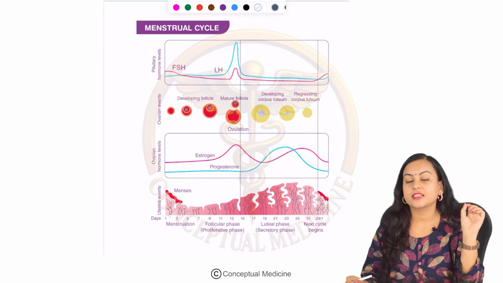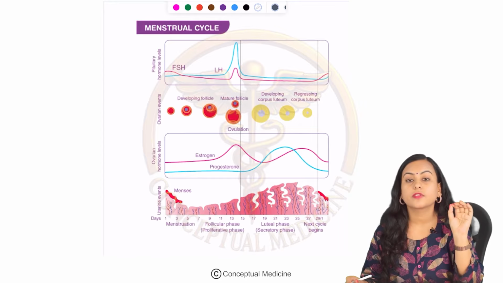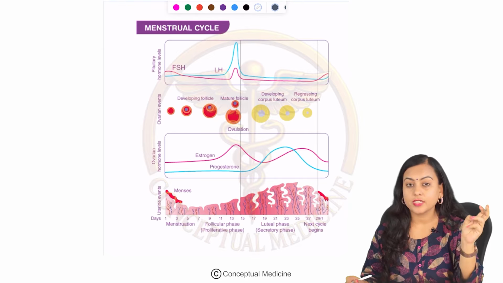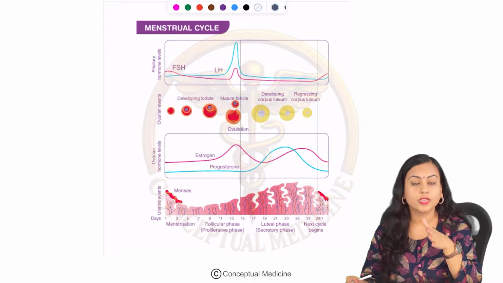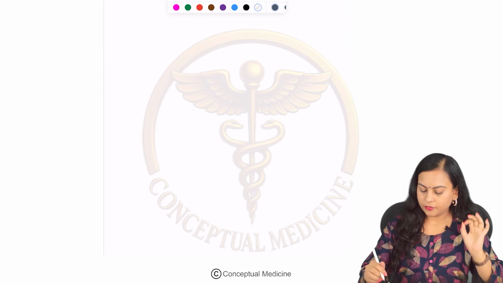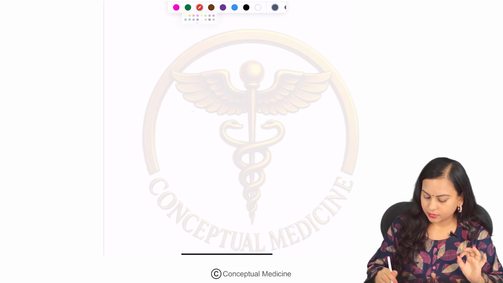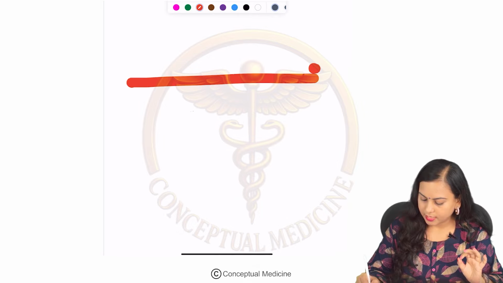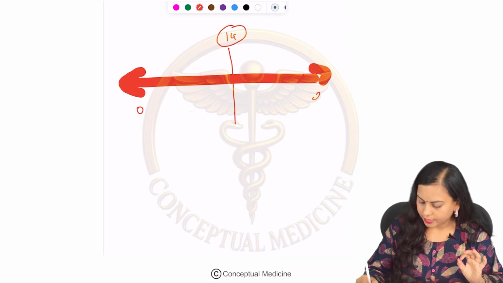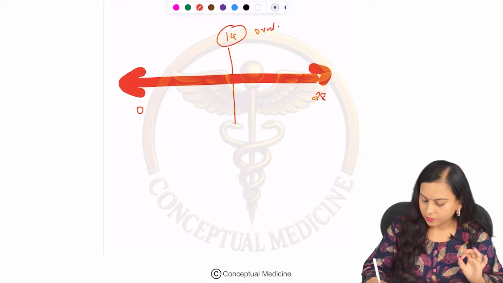The menstrual cycle is a cycle which has a series of events throughout the month, and it happens in the uterus as well as in the ovaries, and there will also be hormonal fluctuations throughout the cycle, right? Now, if we divide the 28 days of a month into two halves, 0 to 28 days, on day 14 we will have ovulation.